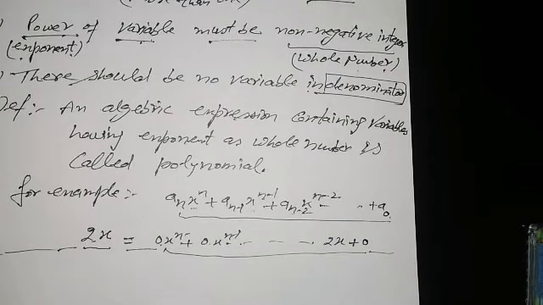Yes. A polynomial having 2 variables, 3 variables, and more than that. But this is beyond the scope of this book and this class. So I am just taking polynomials having just one variable. So don't get confused by the words one variable or two variables. Okay.